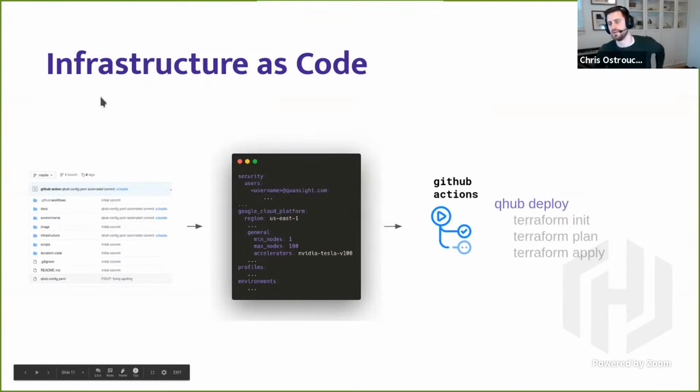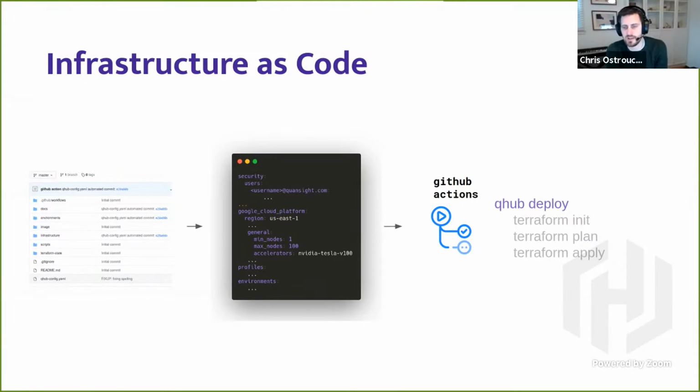Okay. So the first thing that Terraform really helped us with here is that we have used CI/CD, so that anytime you make a change to this configuration file in the middle, it then kicks off a QHub deploy command. But underneath the covers, it is just Terraform init, Terraform plan, and Terraform apply.